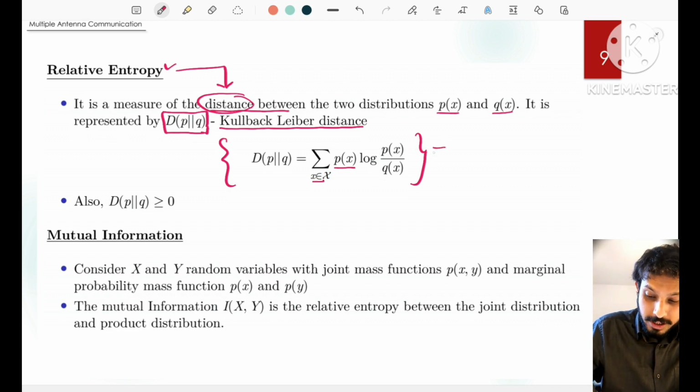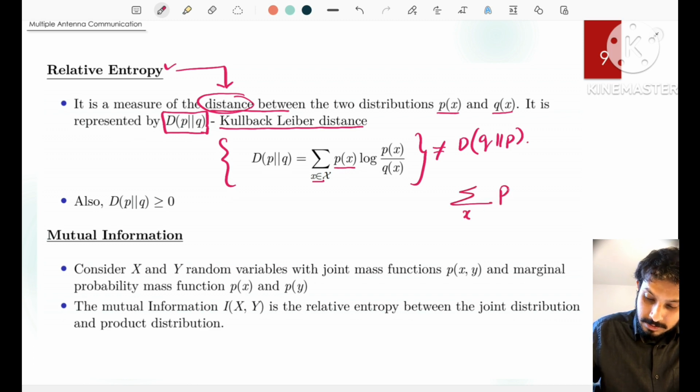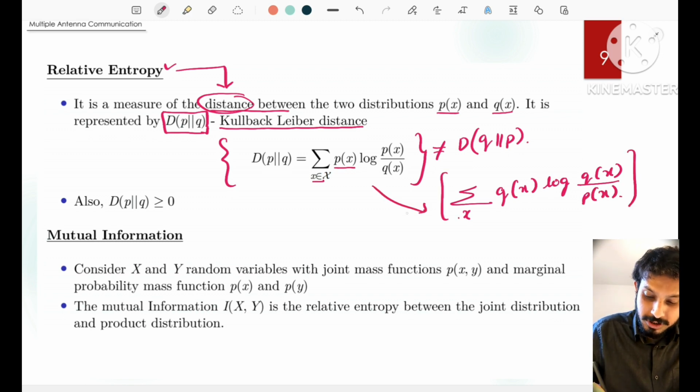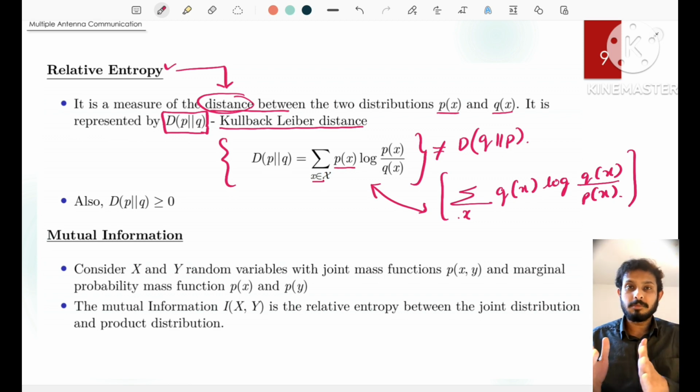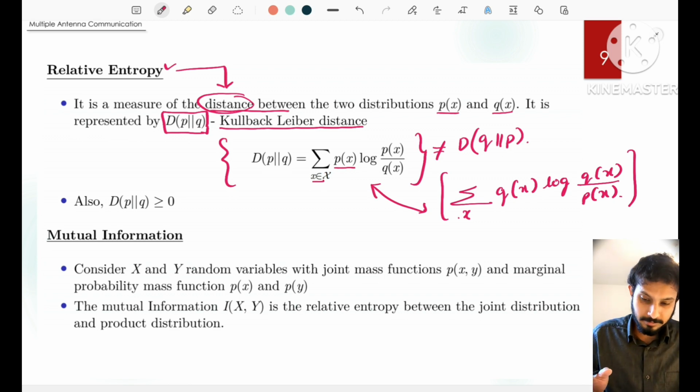And this is not equal to D of q p, because in that case what we have is summation over x of q of x log of q of x by p of x. If you solve this expression for the given distributions, these two expressions will not come out to be the same. So we say D of p q is not equal to D of q p.